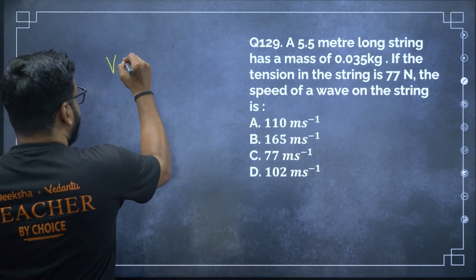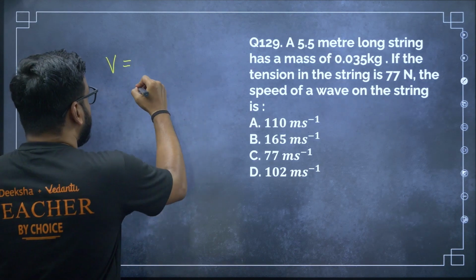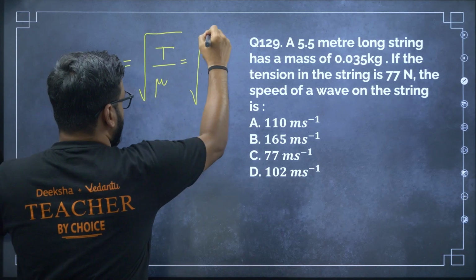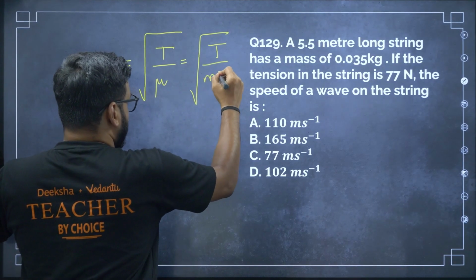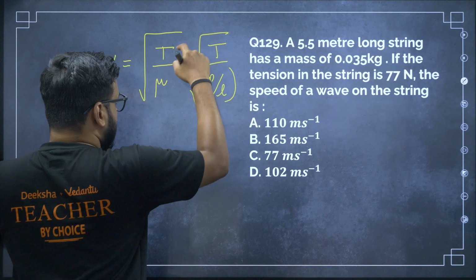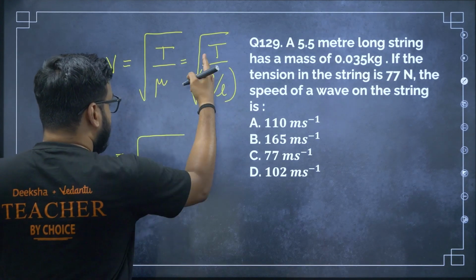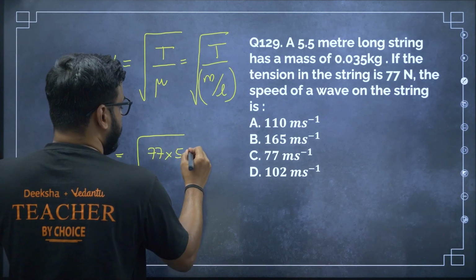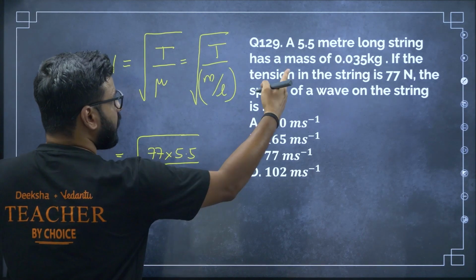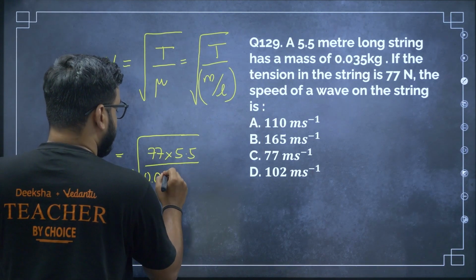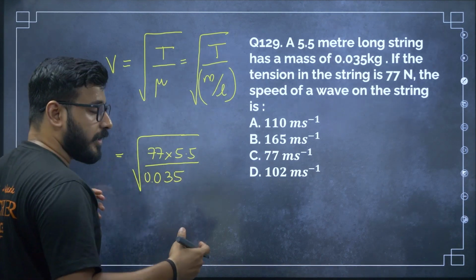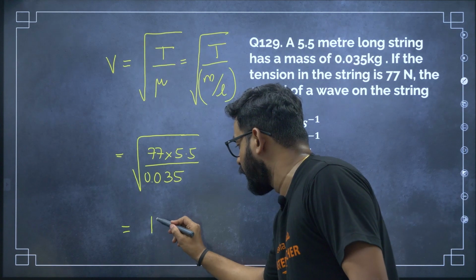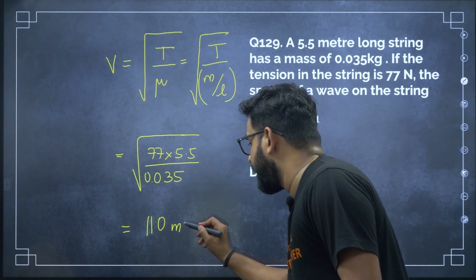The velocity of transverse waves in a string is given by the square root of T by mu, where mu is the linear mass density of the string, M by L. So substitute all the values: 77 into the L value 5.5 divided by the mass 0.035. You can do the calculation yourself and cross check, and ultimately the answer you would arrive at is 110 meter per second.